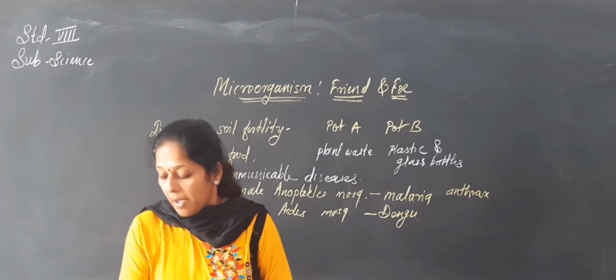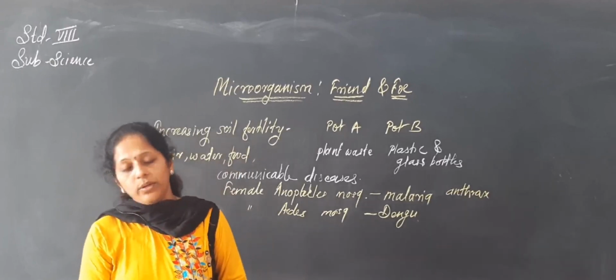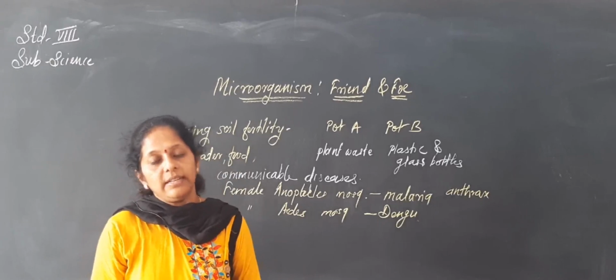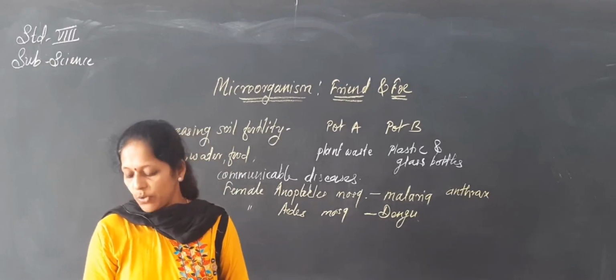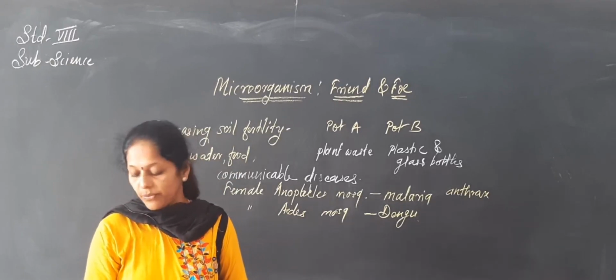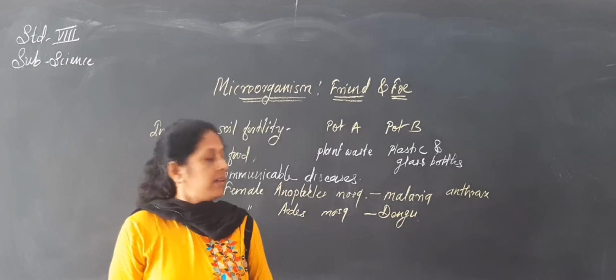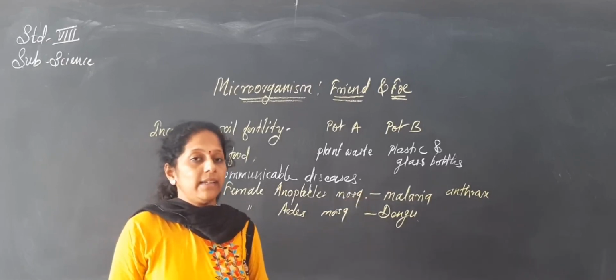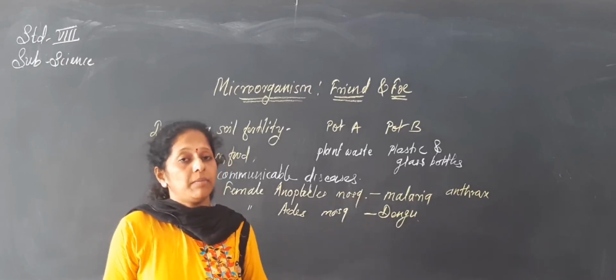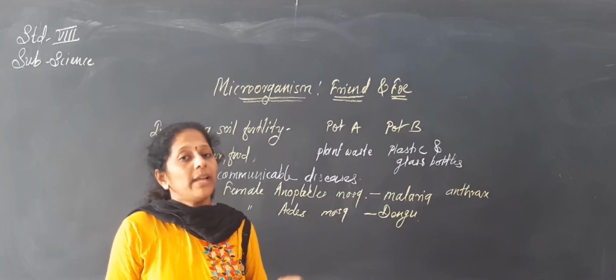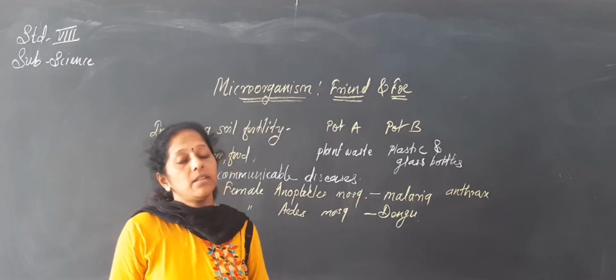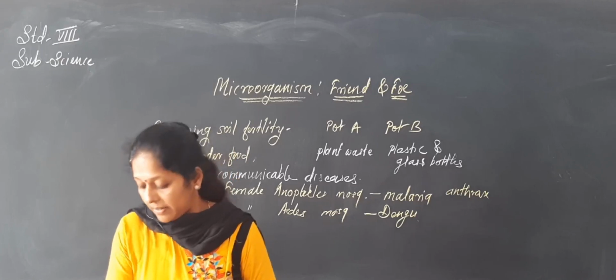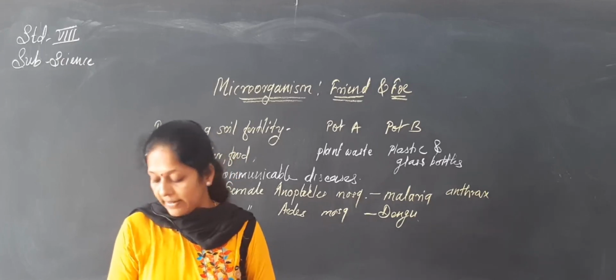There is also foot and mouth disease, which affects cattle and human beings, and is caused by viruses. So anthrax is caused by bacteria in cattle and human beings, and foot and mouth disease is caused by viruses in cattle and human beings.